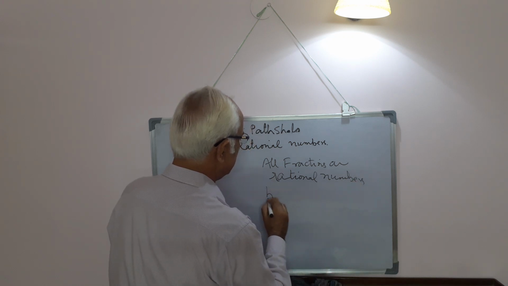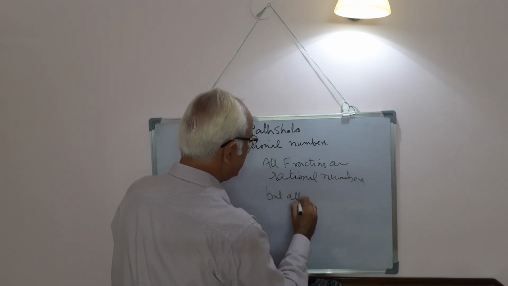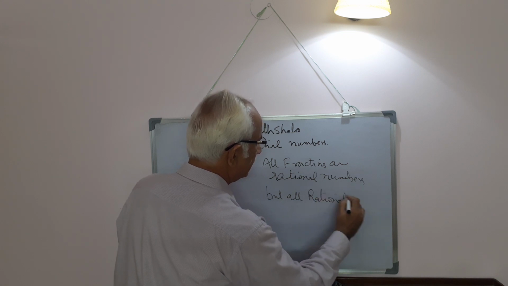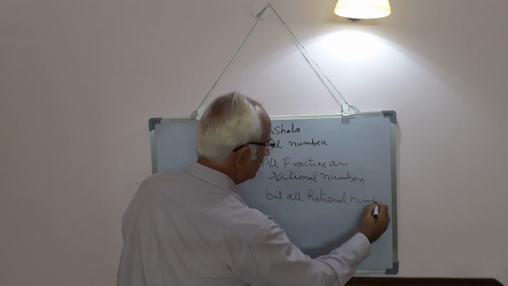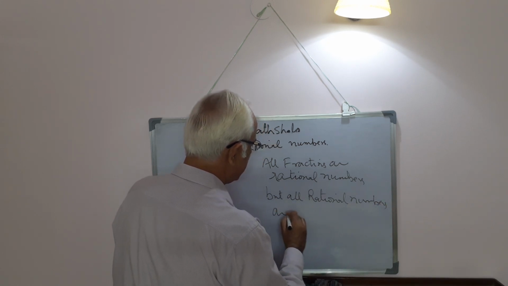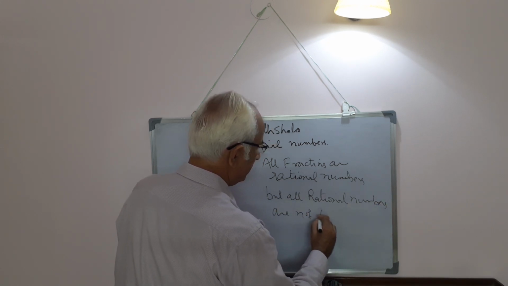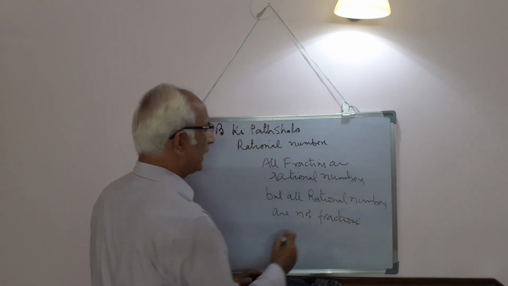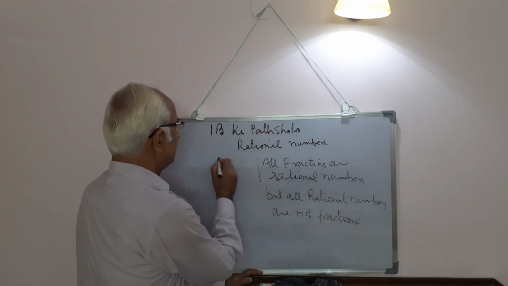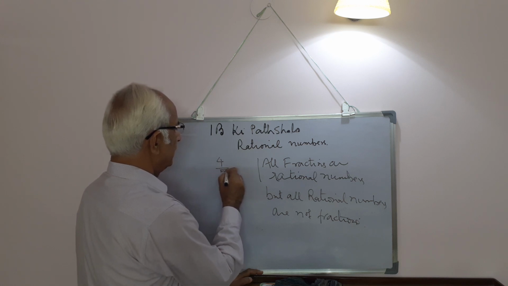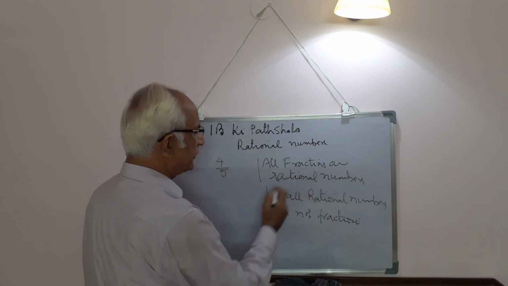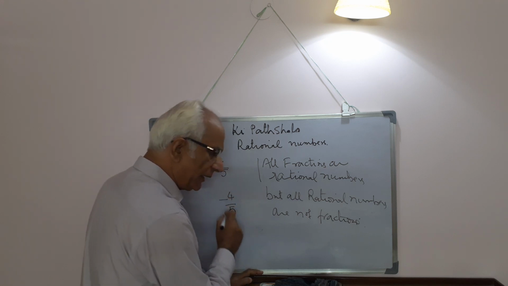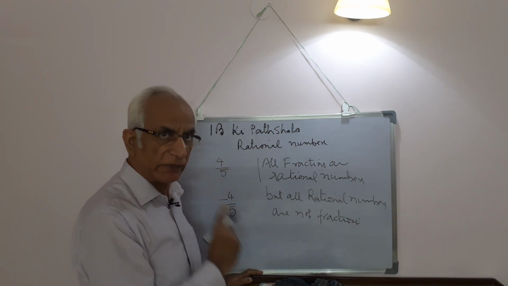But all rational numbers are not fractions. I'll again give the example. For example, 4 upon 5. This is a fraction and this is a rational number. But minus 4 upon 5 is a rational number, but it is not a fraction.